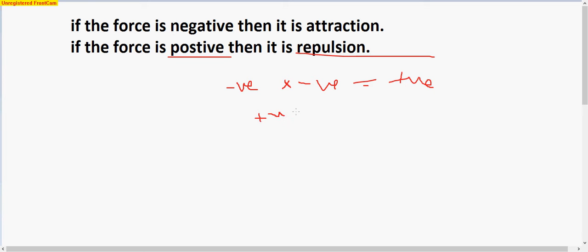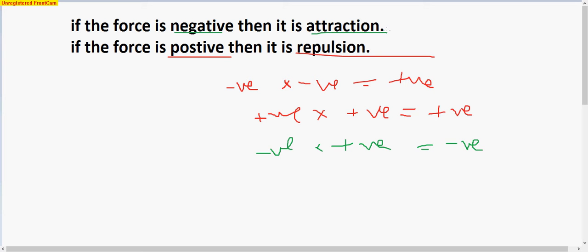Even if it is positive into positive, it is positive, right? Therefore, like charges repel, and the force between them is positive. Similarly, if we multiply a negative into a positive, we get negative, right? That is why, if the force is negative, then it is attraction.